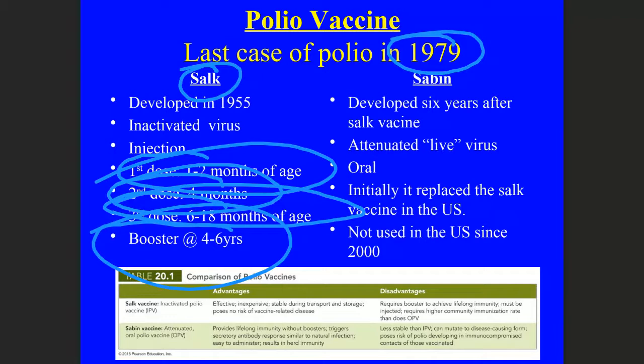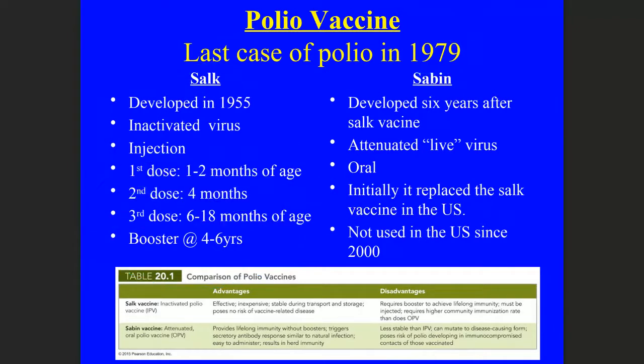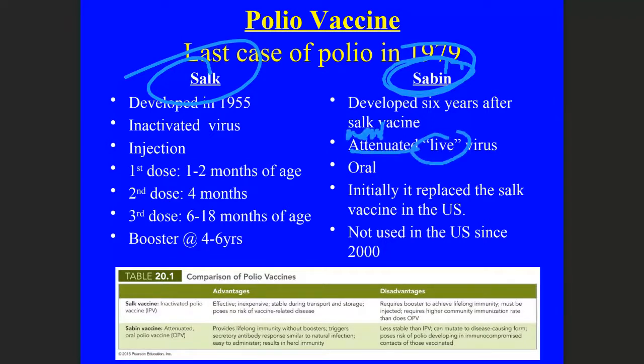And then about 6 or so years after the Salk vaccine was developed, a newer vaccine was developed called the Sabin vaccine. Now, the one difference between the Salk vaccine and the Sabin vaccine is that the Sabin vaccine is an attenuated, or weakened, live virus.